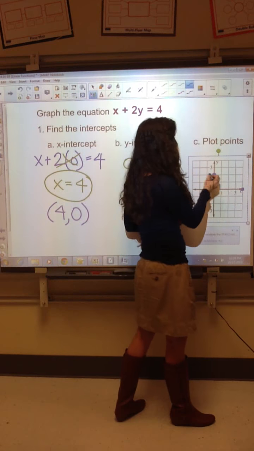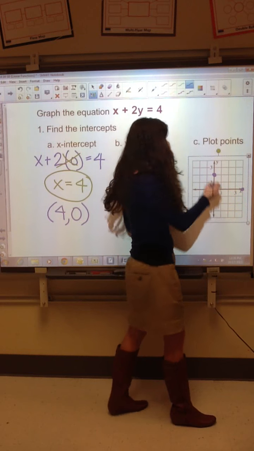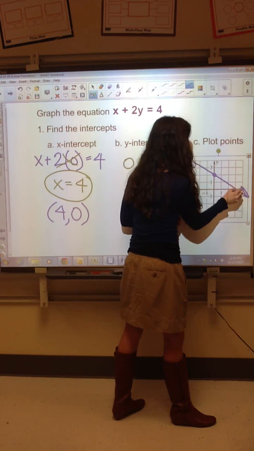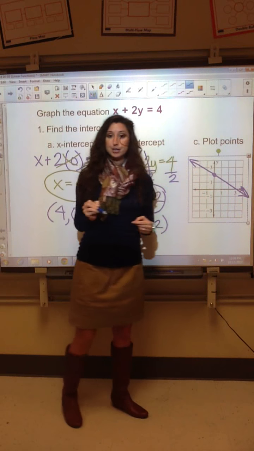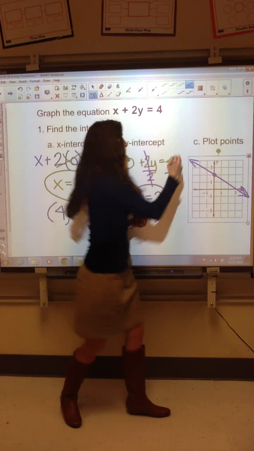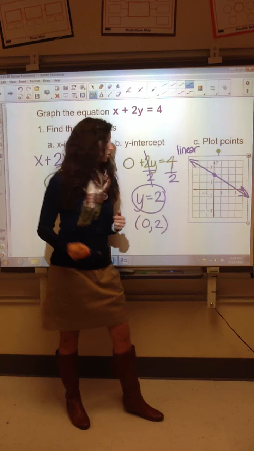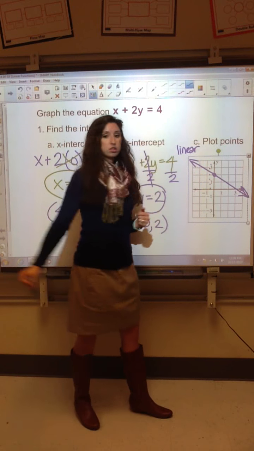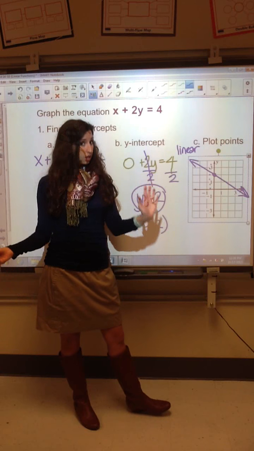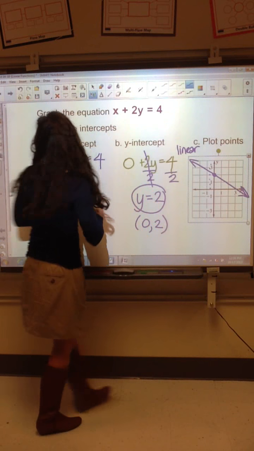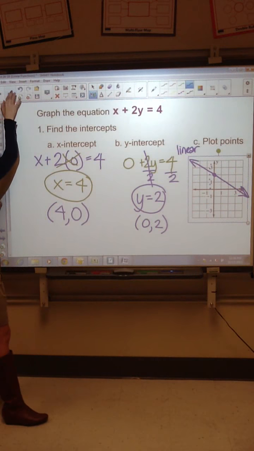Okay, at this point, when I have 2 dots, can I go ahead and connect them? Sure. Do I now have a linear function? Yes. It is linear. And is it a function? Sure. If I draw a vertical line, it crosses it 1 time. Any questions? Hopefully not. We're going to keep practicing.